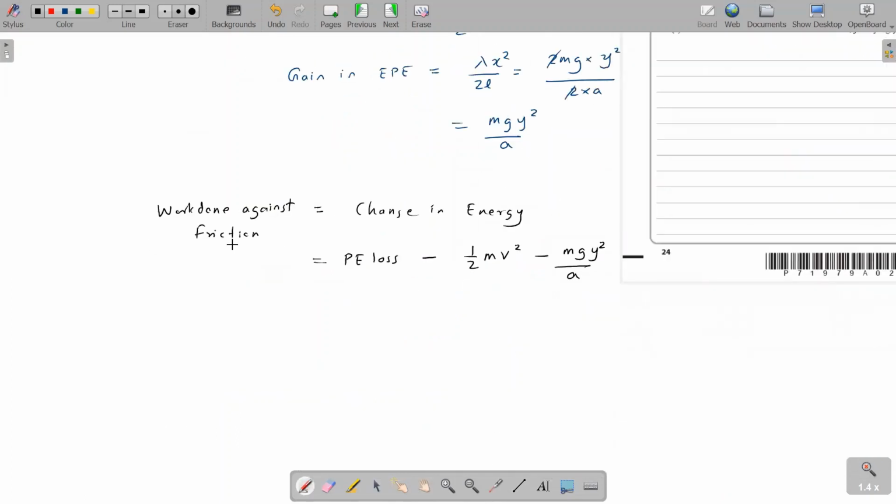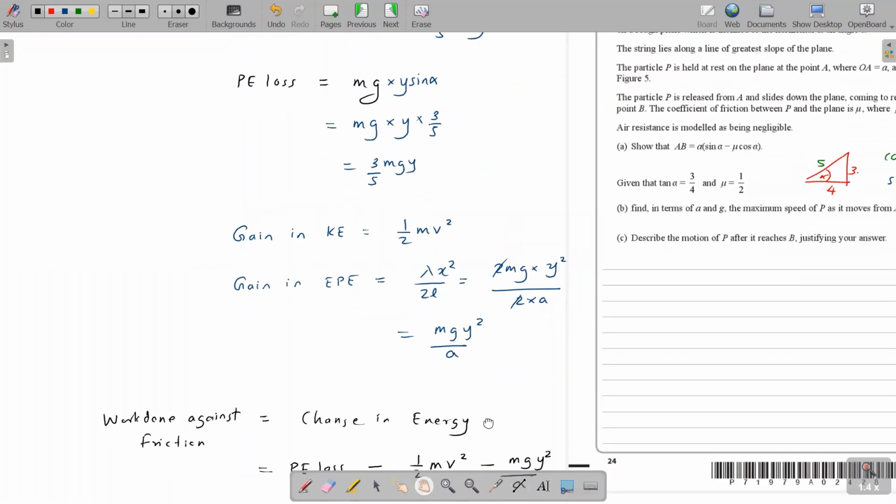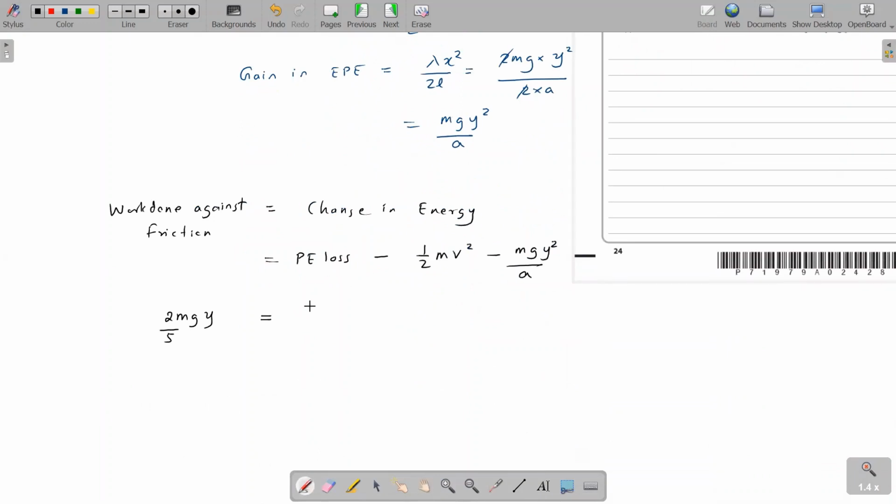Do you agree? So let's input the value 2 mgy over 5. Potential energy loss was 3 mgy over 5, minus half mv square. We do not have anything to input. This is minus mgy square over a.